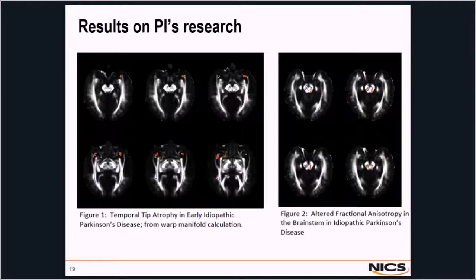With this improved warping, we can clearly see the temporal tip region and the brainstem region can be used even for early progression of Parkinson's disease.